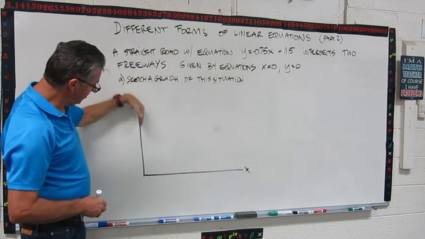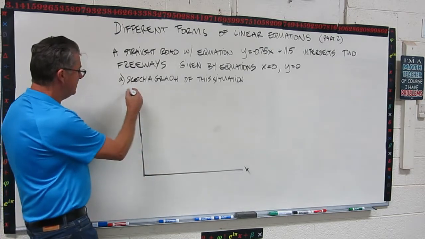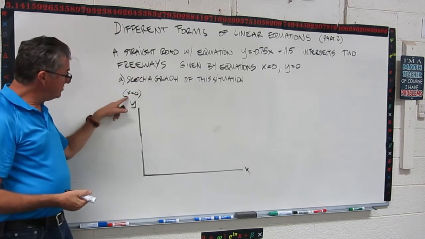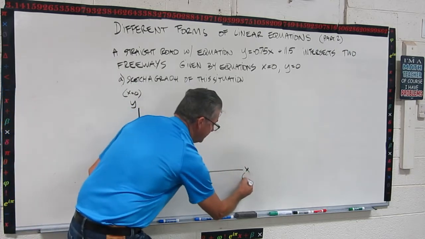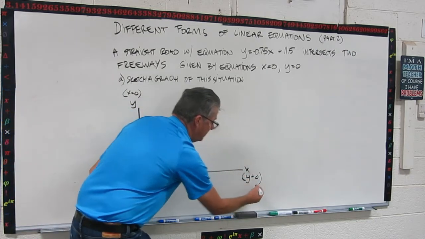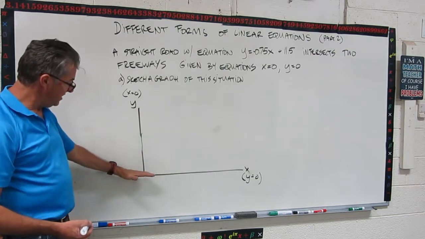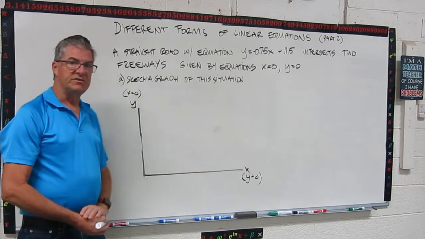This happens to be a vertical line centered on the x-axis. So this line here is x equals 0. In fact, that's the equation for the y-axis. And the same thing over here, this is the line y equals 0. So the x-axis has an equation that's y equals 0 because we're neither up nor down off the x-axis. That line is y equals 0.